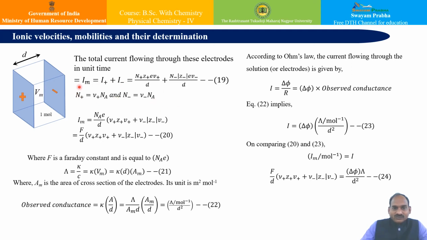Since 1 mole is associated, and nu plus and nu minus are respective stoichiometric numbers of cations and anions which appear in one molecule of the substance. Now with this information we have to calculate this particular equation, because I can very easily calculate if I substitute all these values over here in this current expression.